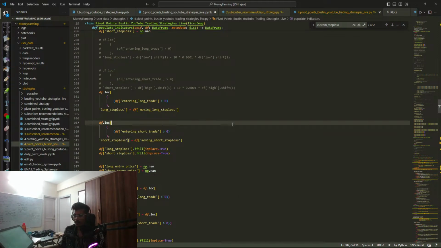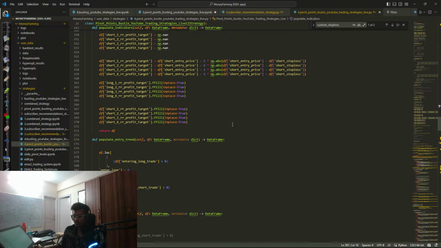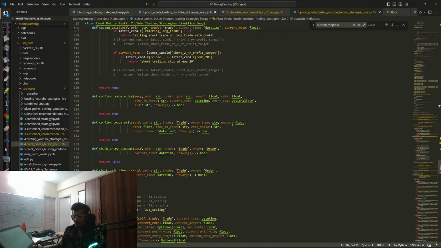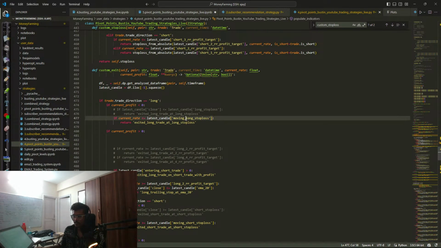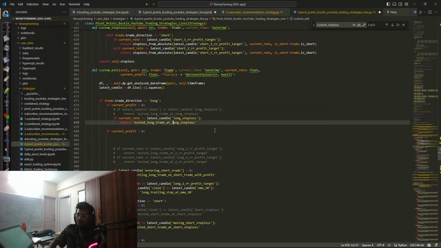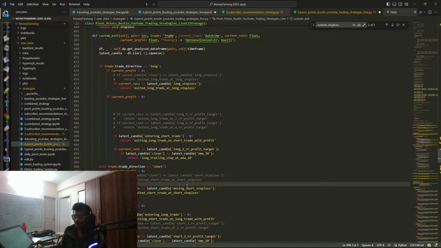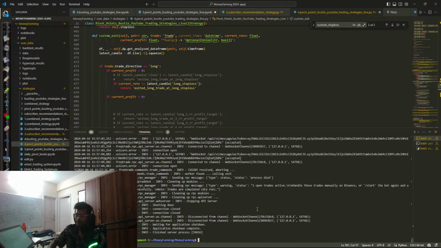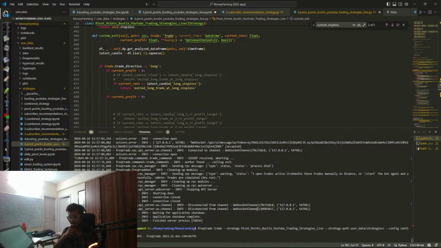It's going to take care of it, and instead of moving there I can just reset it to long stop loss, and here short.